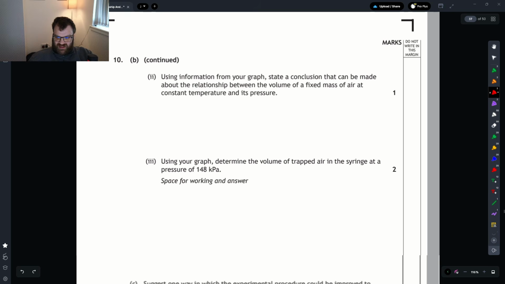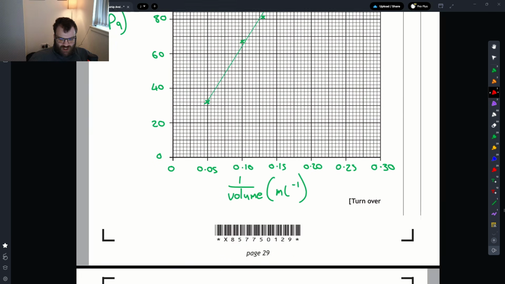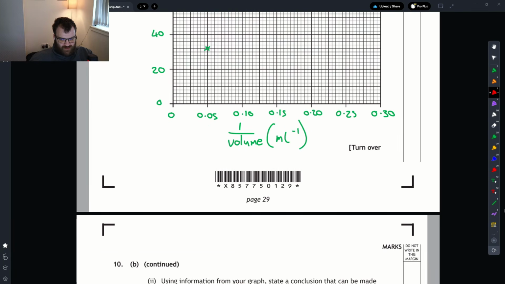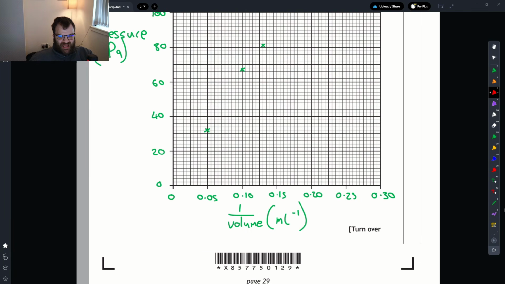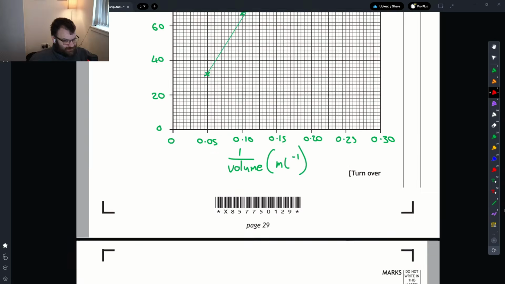The next one, we have to make a conclusion about the relationship between the volume of a fixed mass at constant temperature and pressure. So we're dealing with volume versus pressure. Watch out for the fact we did 1 over volume, so the inverse of volume. So as the inverse of the volume increased, the pressure increased.